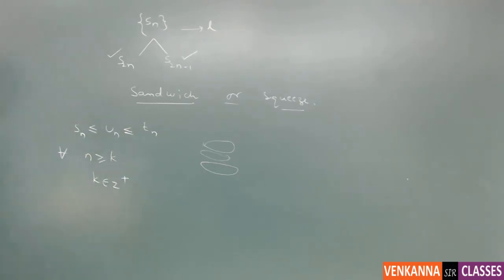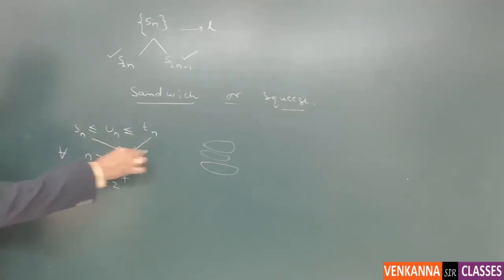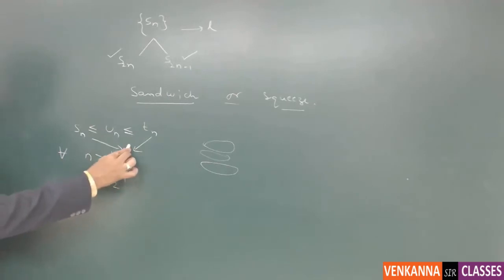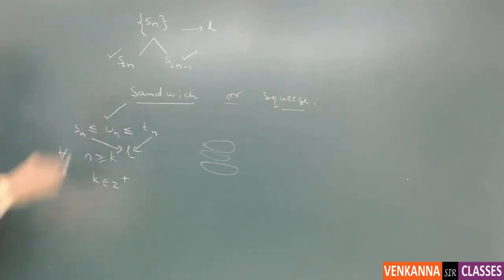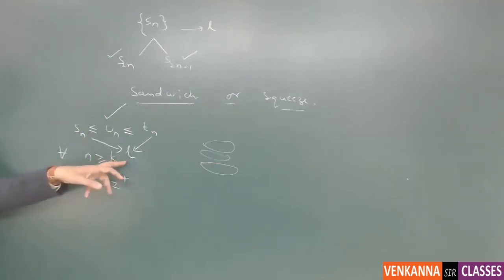That means if you observe the terms of the sequence, from a particular term onwards, all these sequences are maintaining this type of order. And if you are able to prove that the lower sequence and upper sequence both converge to the same limit, then automatically the middle sequence also tends to the same limit.